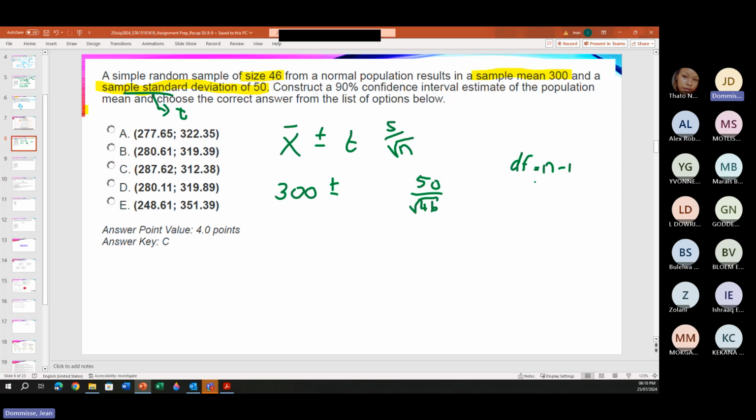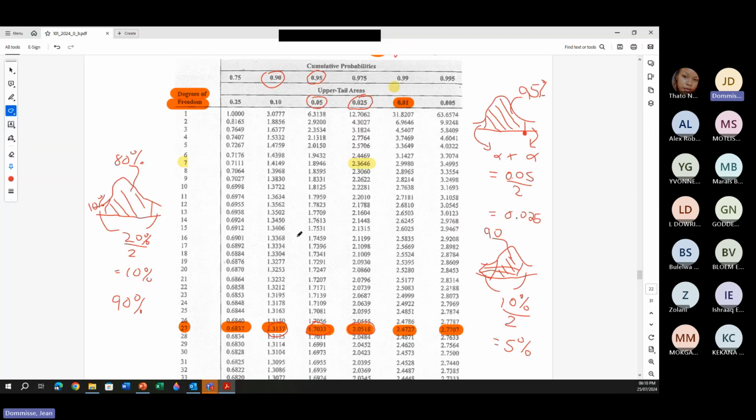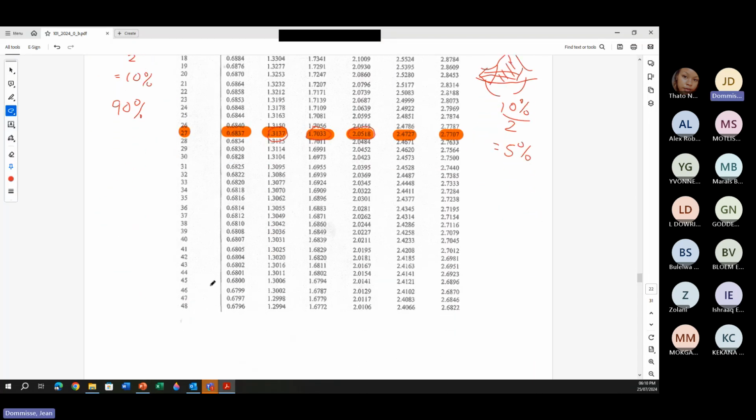So size 46 minus 1, so degrees of freedom is equal to 45. So these are the numbers that we're going to work with: degrees of freedom of 45.